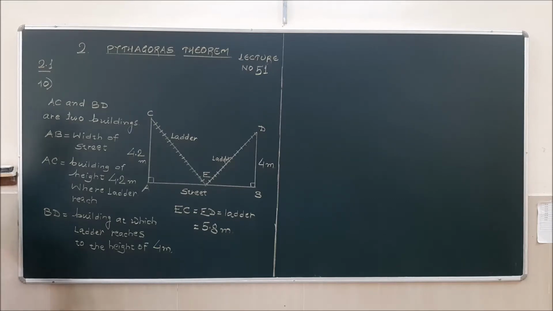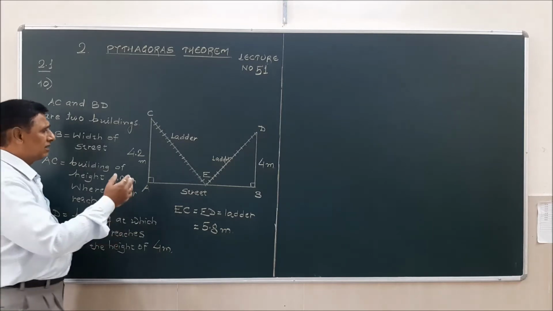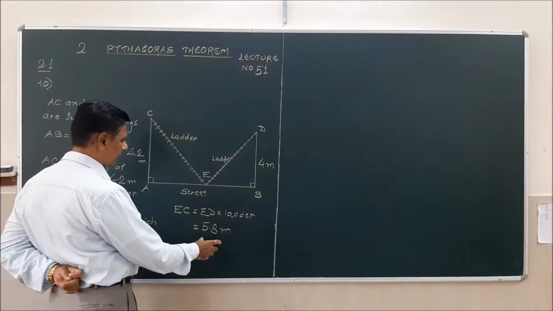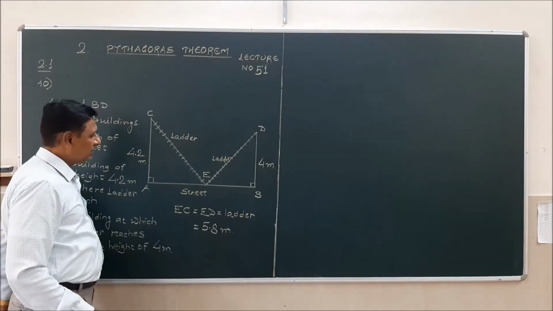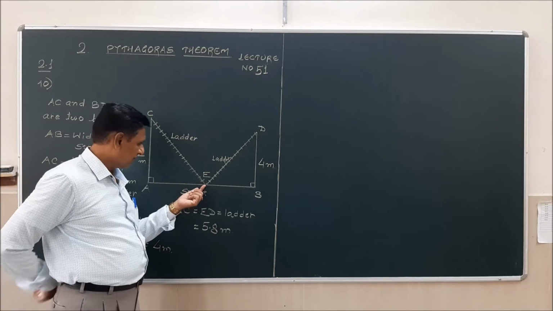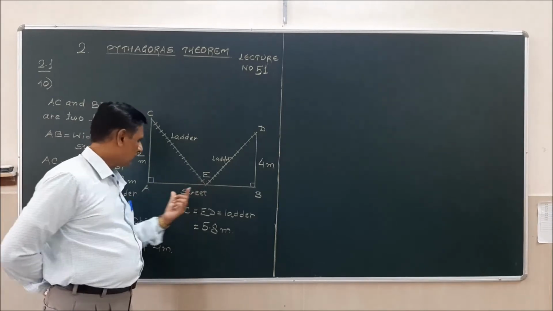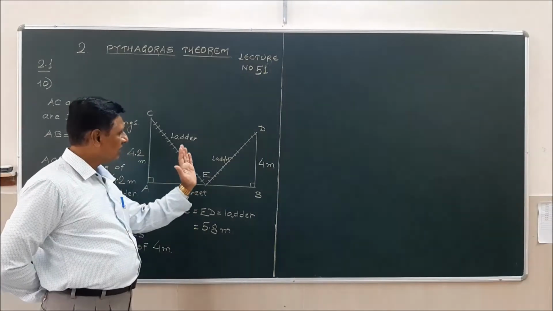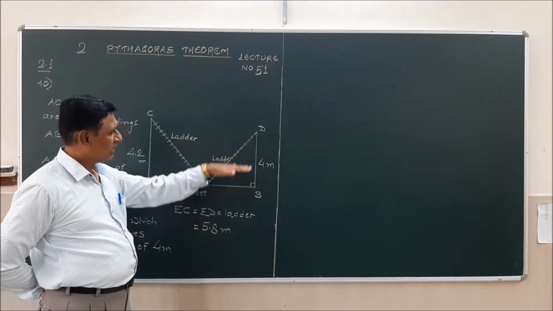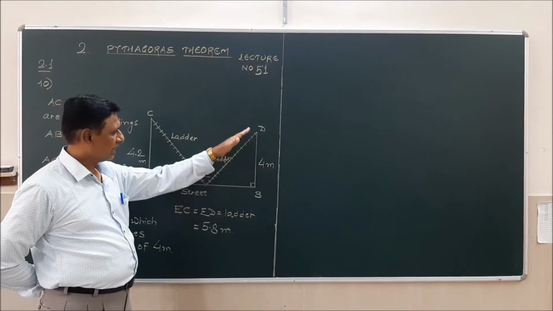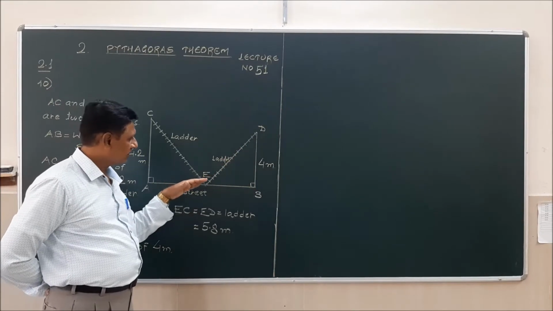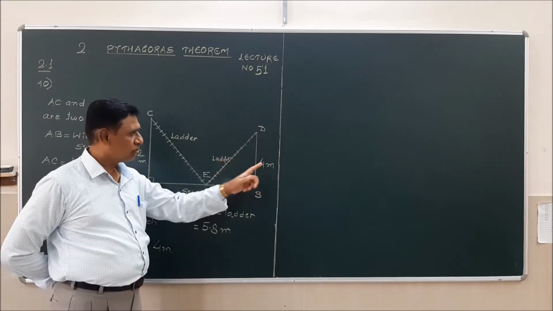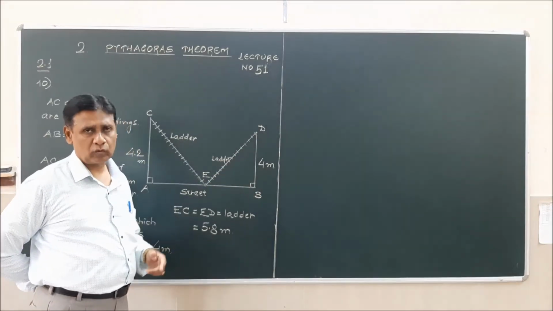In the sum it is given, there is a ladder of length 5.8 meters, and this ladder is placed somewhere at point E on street AB. When it turns towards the building on the right hand side, the top of the ladder reaches the window which is at a height of 4 meters.